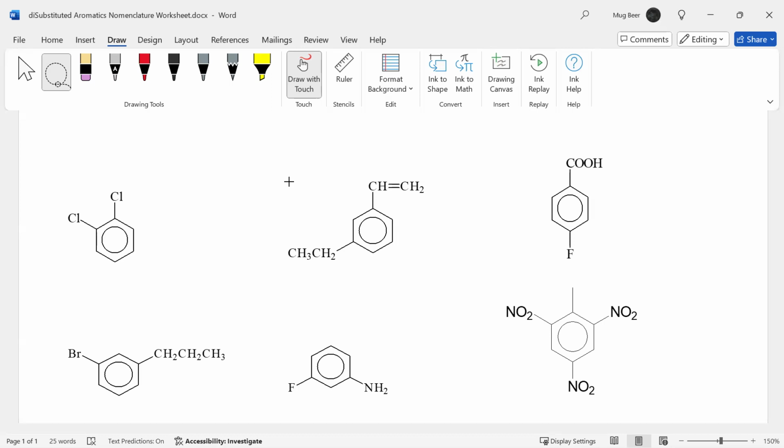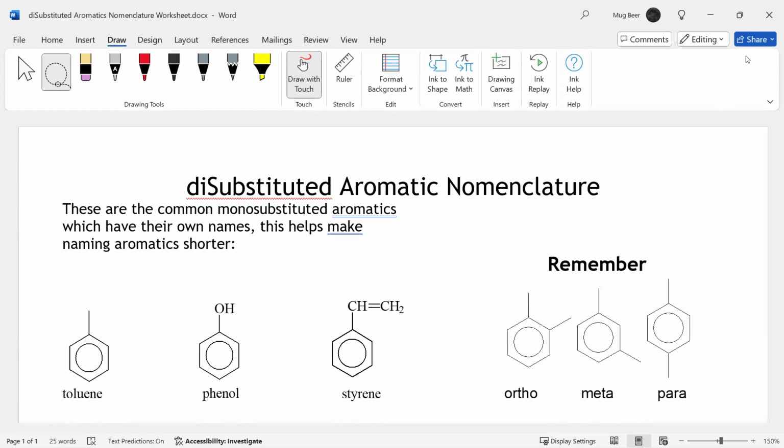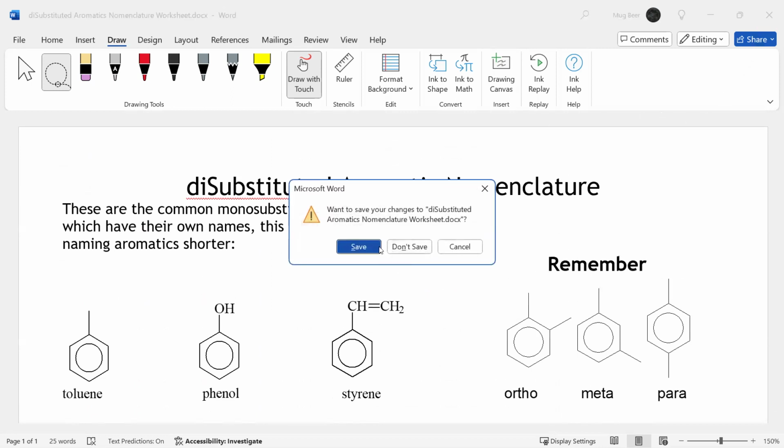Okay, I said para fluorobenzoic acid. Next one? I guess we'll just do a rotation here. Meta bromopropylbenzene. It's a propyl. Yeah, that's it. Love it. And then that last one. 2, 4, 6, trinitrotoluene. Toluene. Nice. All right. You guys are all disubstituted aromatic nomenclature experts.